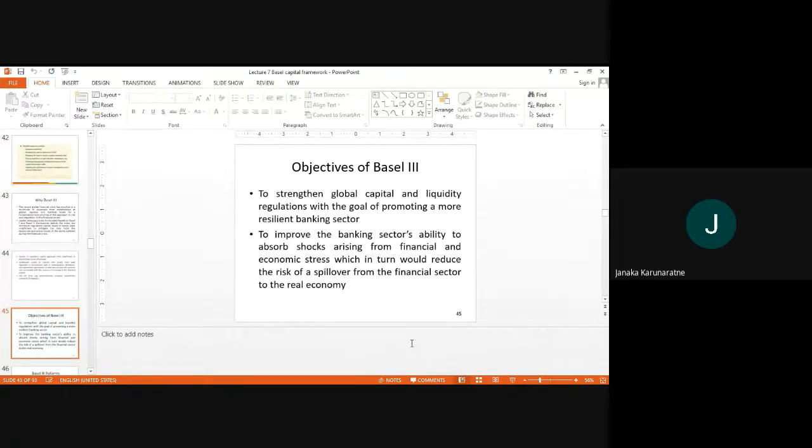As we observed during the GFC, the global financial crisis, whatever crisis came from the financial sector did not stop there. It spread to the real economy. So that was the question many regulators and central banks thought of. It is very important to curtail stress without it moving into the real economy, because if any crisis in the financial sector moves to the real economy, it will have a very devastating impact, right?